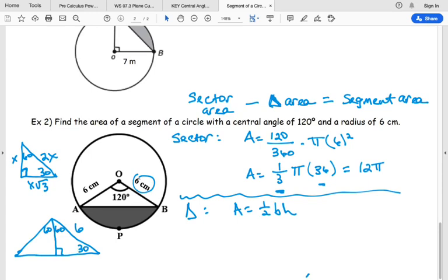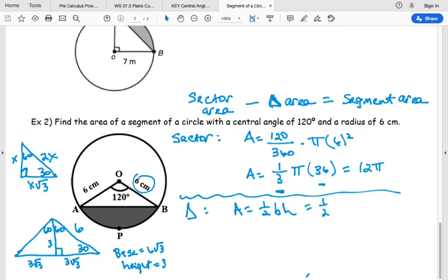So in my triangle up here, we have this side here is 6. So the side across from 30 is going to be 3. It'll be half as big. And then this will be 3 square root of 3. This will also be 3 square root of 3. So the base of this triangle will equal 6 square root of 3. And the height is 3. So I'm going to plug that in.